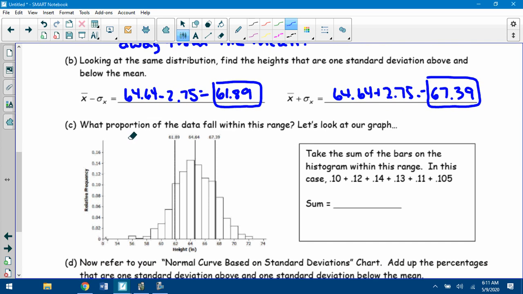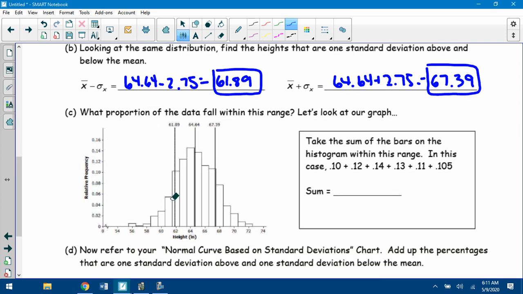Let's be a little more specific. What proportion of the data falls within this range? Let's look at the graph. Histograms are frequency charts. They're telling you how many people fall within here, and it's giving you a frequency in terms of percents. So take the sum of the bars in the histogram within this range, between 61.89 and 67.39. We've got like 10% of women here, 12% here, 14% here, 13%, 11%, maybe this is 10.5%.